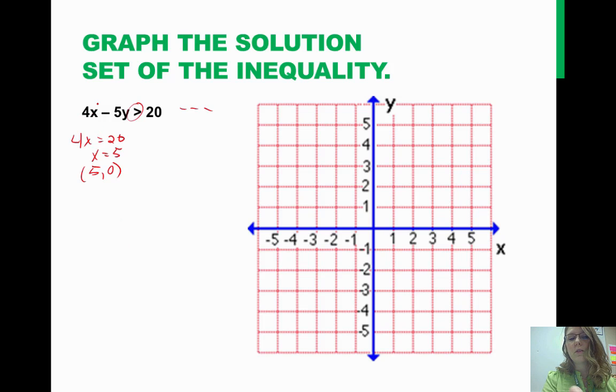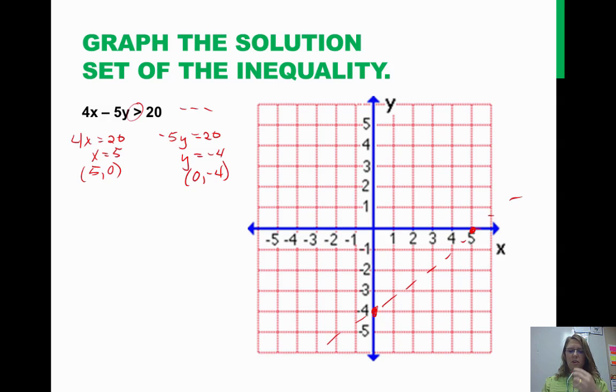Now if I put in 0 for x, I get -5y is equal to 20. y, therefore, must be -4. So my other point is 0, -4. So here I have my point there, and I have a point here. Remember, when I connect my dots, I'm using a dashed line because it is a greater than sign. So here, I'm using my dashed line.